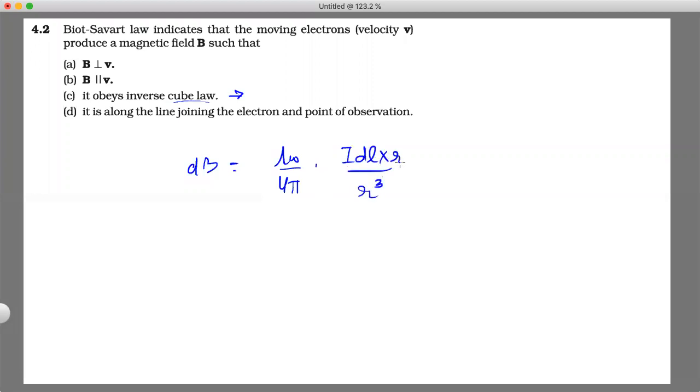But there is an r in the numerator also. So the relationship is inverse square, not inverse cube. So this is not true.